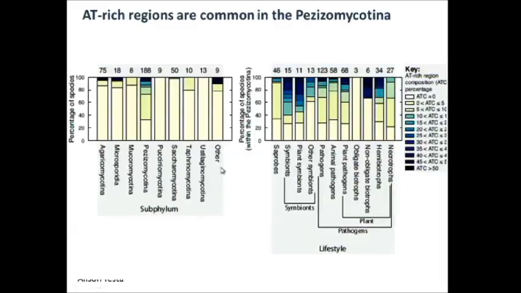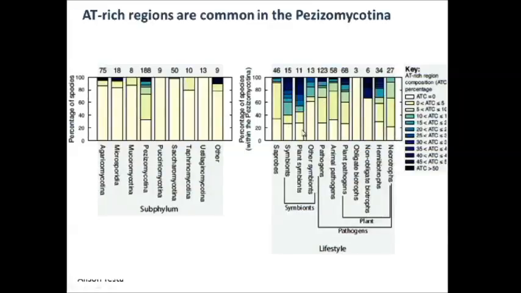If you look at this panel on the left, it shows how it breaks down based on subphylum. The Pezizomycotina is obviously the most affected here. Colors here in the legend indicate the proportions of genomes which are in various ranges of AT-rich content, so the darkest blue being the most AT-rich genomes.